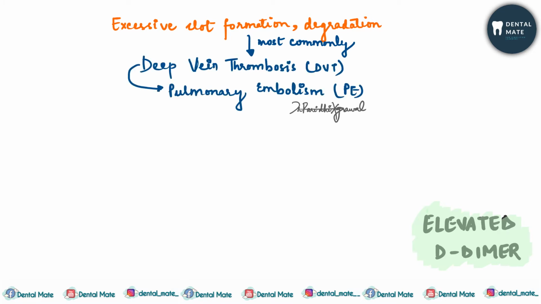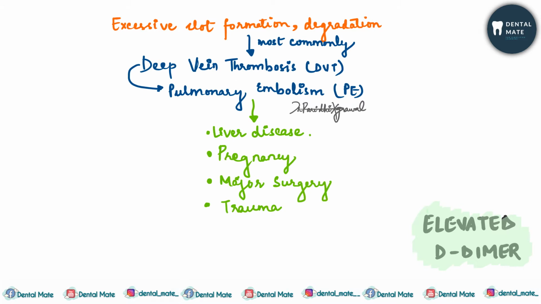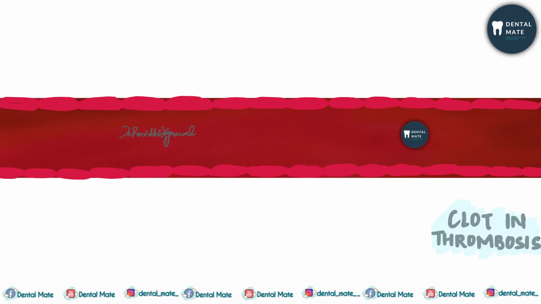So this is most commonly seen in deep vein thrombosis or DVT, which can further lead to pulmonary embolism or PE. Also seen in liver disease, pregnancy, certain major surgeries, and trauma cases. Also infections, malignancies, etc.